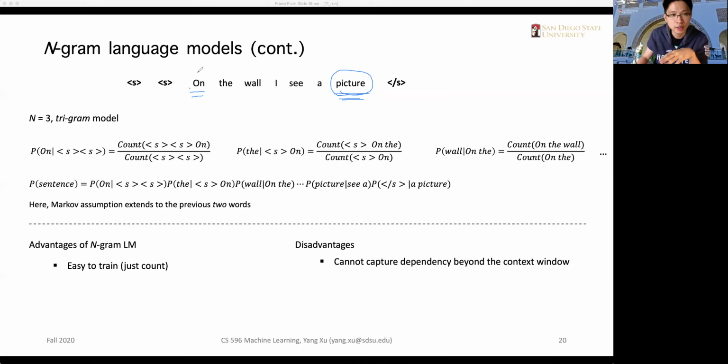But if the phrase is, say, in the wall or behind the wall, then the word is less likely to be "picture". So the future words can have long-term dependencies on the beginning of the sentence. That's why the short context used in an Ngram language model can sometimes fail.